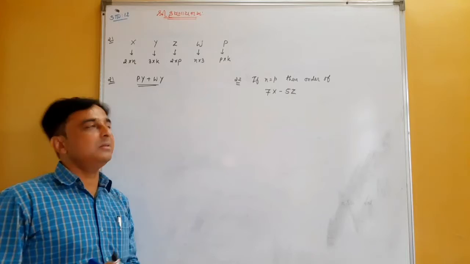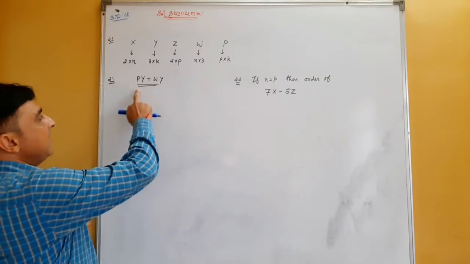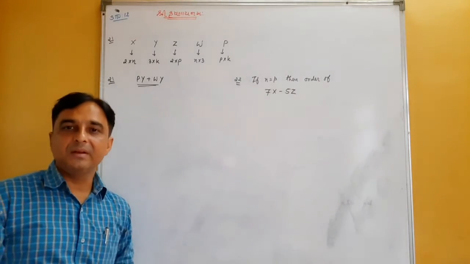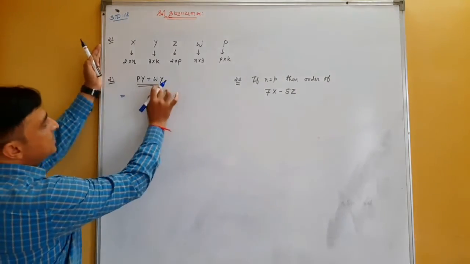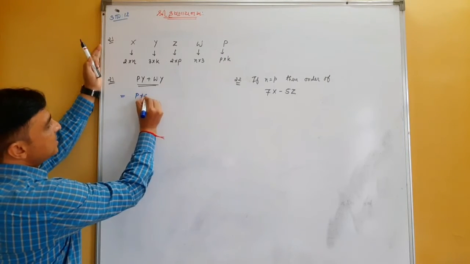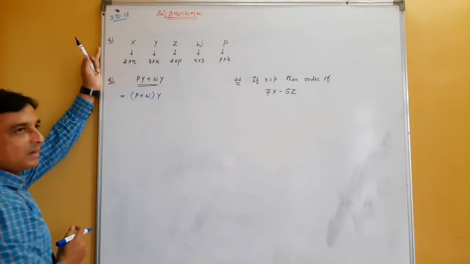Which restriction from the given options can we put, so PY plus WY will be defined. So if PY plus WY is defined, that means P plus W, Y is common.